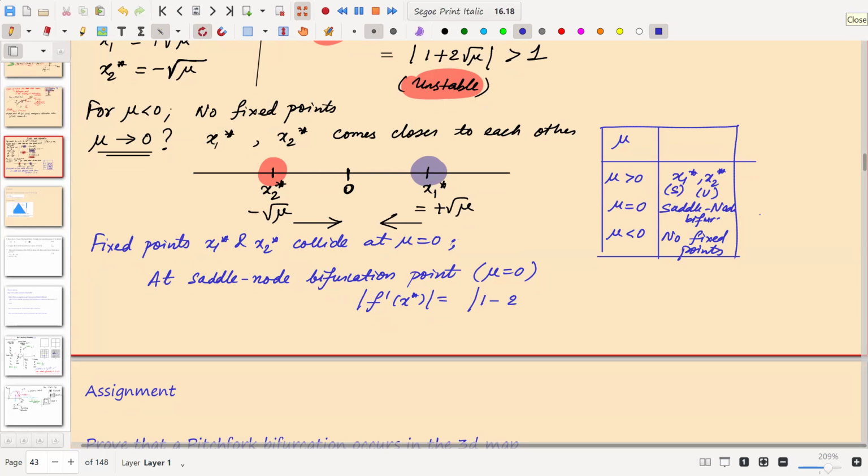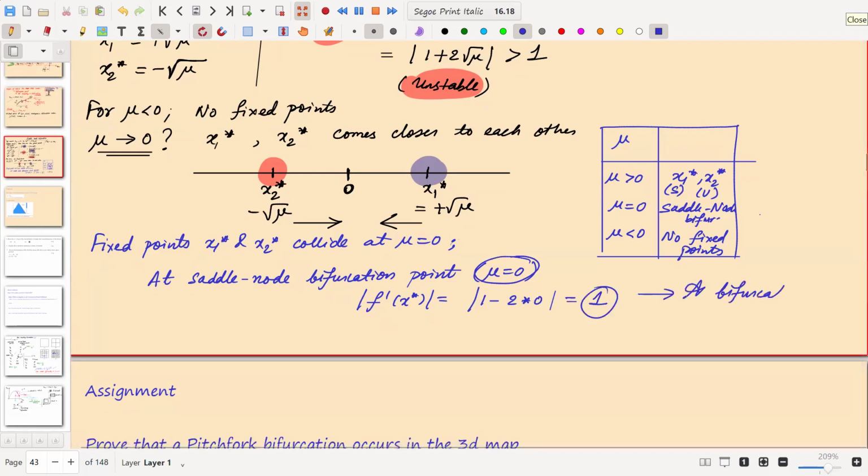Irrespective of the fixed point, it will be 0 multiplied by 0. So it is 1. It is crossing 1. So at mu equal to 0, you have the absolute value of the derivative equal to 1. Therefore, a bifurcation occurs, as we had discussed, right?